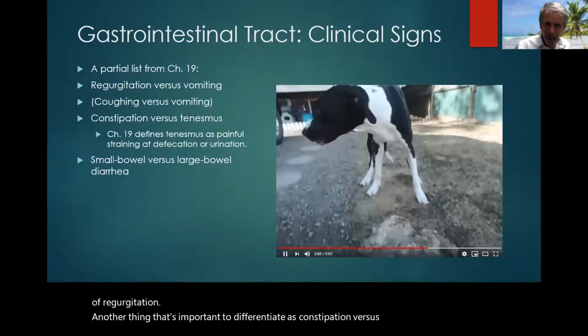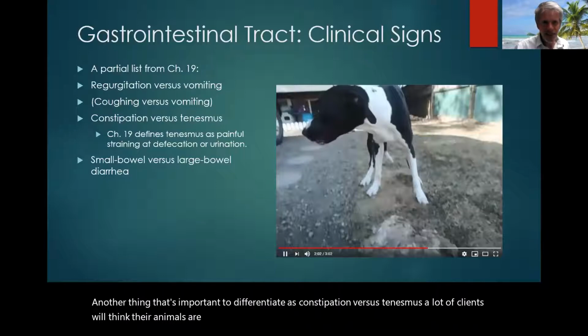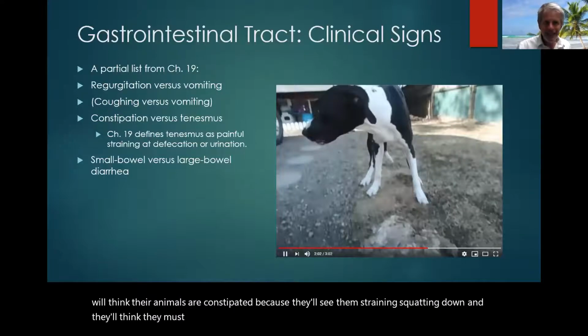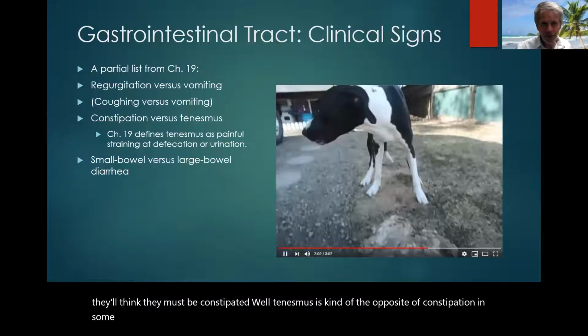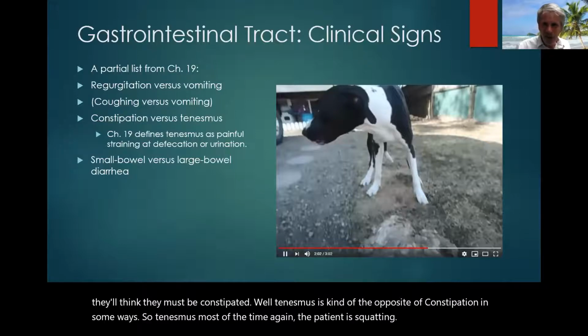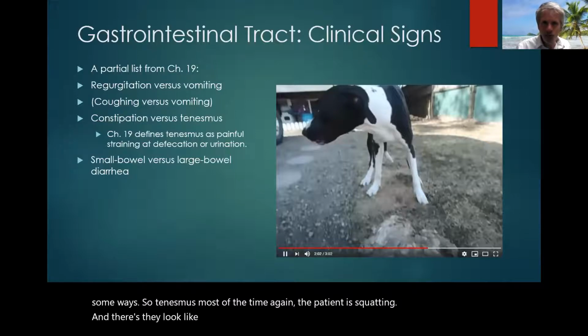A lot of clients will think their animals are constipated because they'll see them straining, squatting down, and they'll think, oh, they must be constipated. Well, tenesmus is kind of the opposite of constipation in some ways. Most of the time, the patient is squatting and they look like they're straining to defecate, but nothing's coming out.